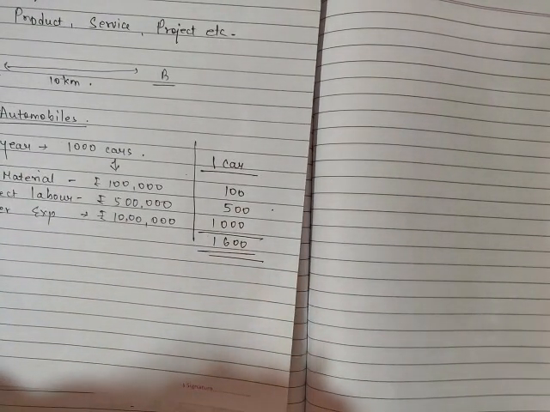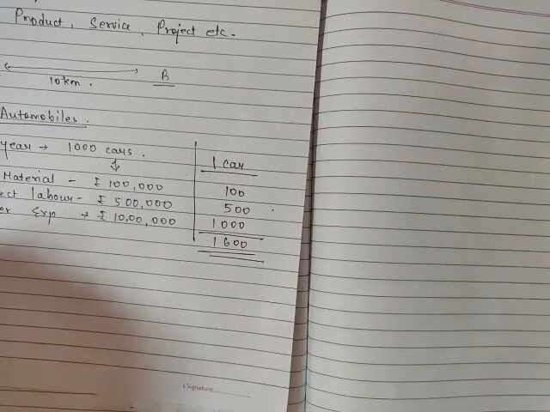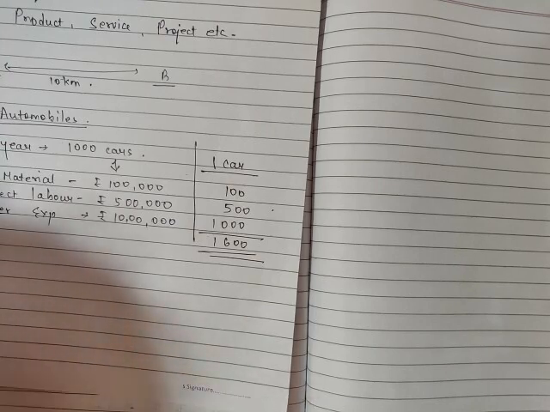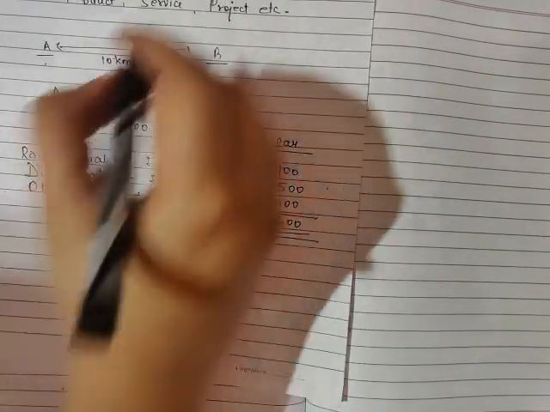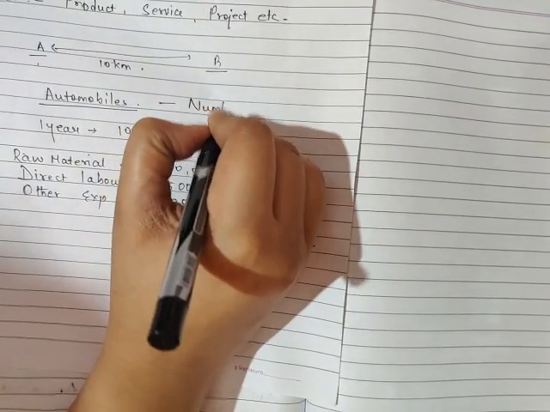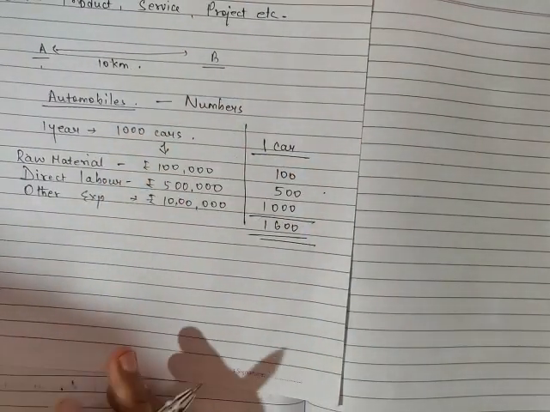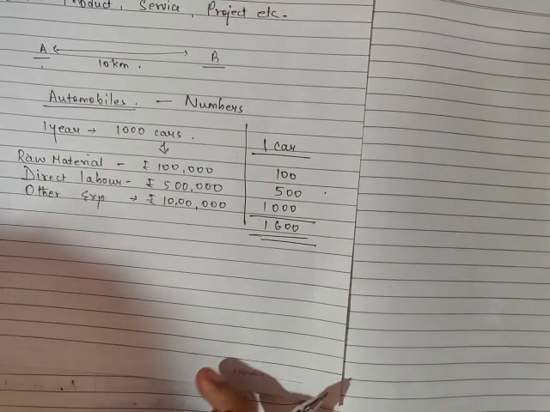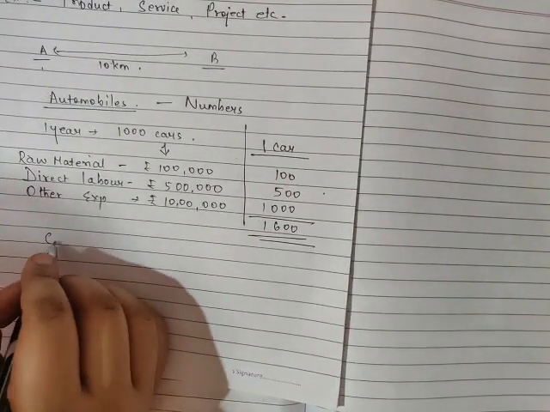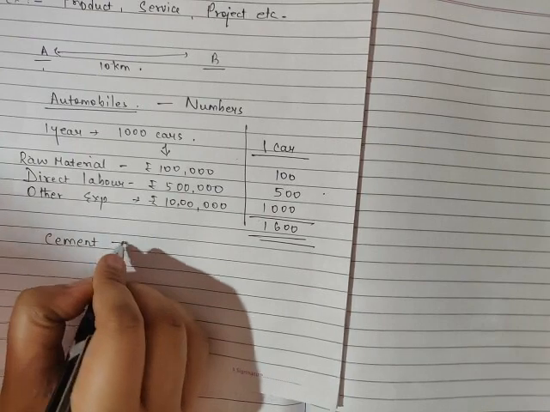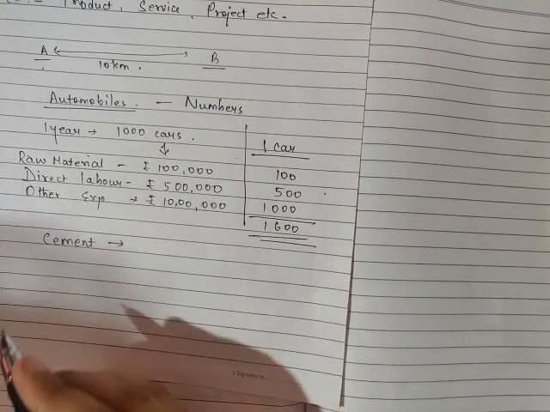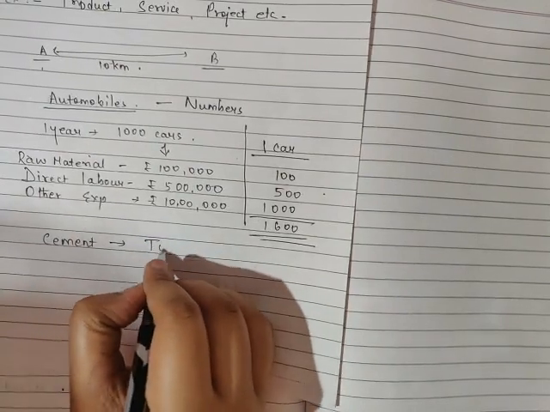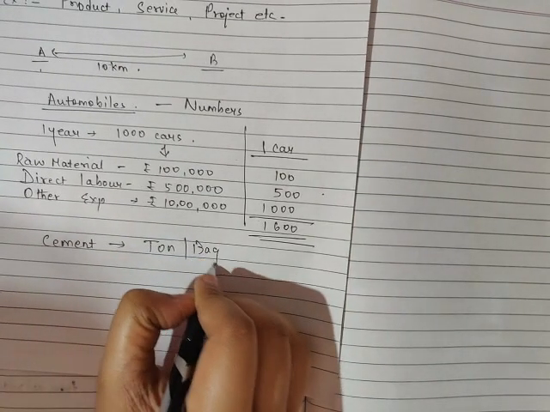So cost unit is a unit of a product or a service in relation to which the cost can be ascertained. जैसे in case of automobiles, the unit was numbers. So per unit of car, how much cost was incurred. Suppose you're manufacturing cement, then for cement, we calculate how much cost will be per ton or per bag.